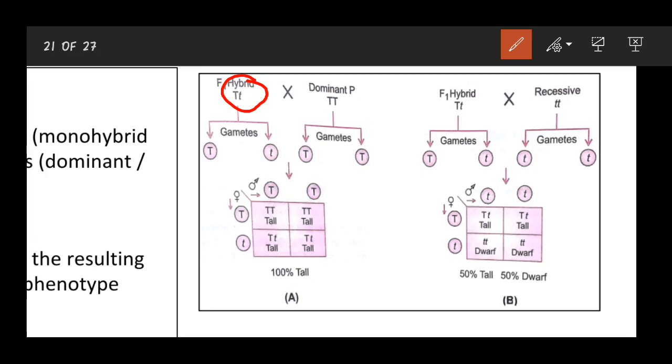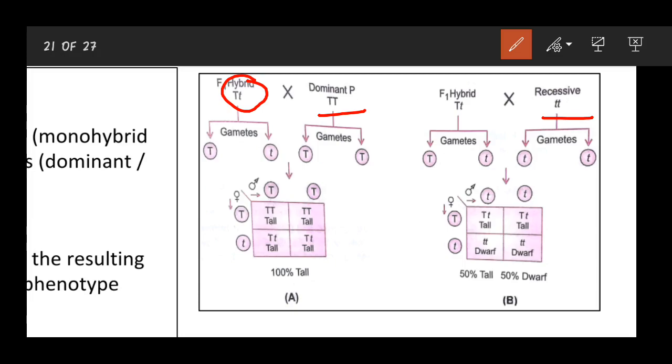In a back cross, you cross this F1 hybrid to either of the parents. It can be a dominant parent or a recessive parent. In either case, you get different results. So we'll see what happens when the F1 heterozygote is paired with the dominant parent.